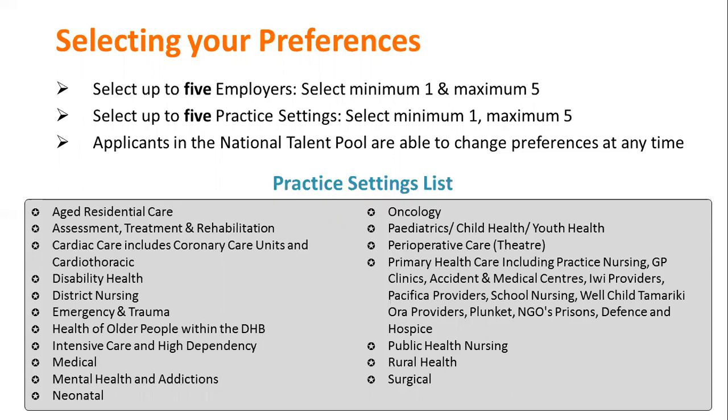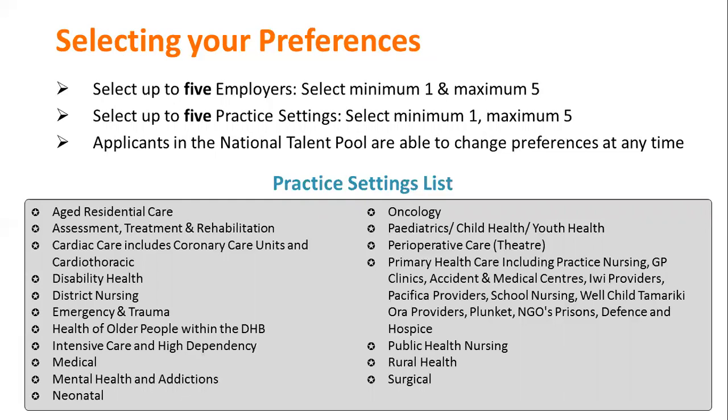And applicants in the National Talent Pool are able to change their preferences at any time. So you can do this by emailing us. And I'll have our email address at the end of this presentation for you to take a note of as well. So the box below has a list of the practice settings which are available.